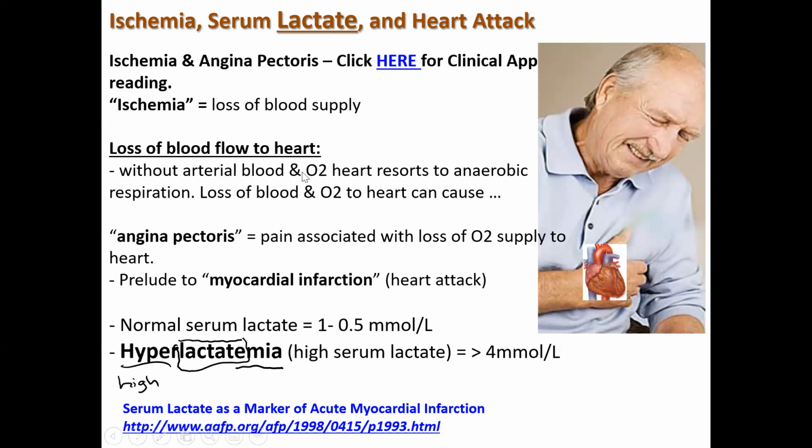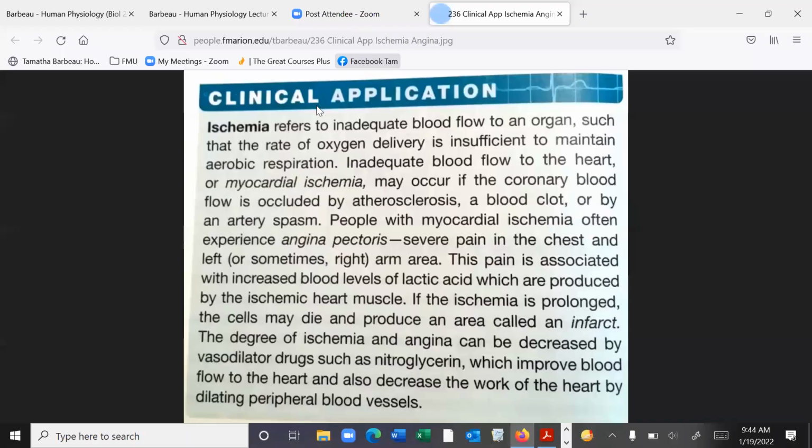Now, if you click here, when you're online looking at this PDF, but I'll pull up right here, ischemia refers to inadequate blood flow to any organ. Inadequate blood flow to the heart, or myocardial ischemia, can occur if a coronary artery is blocked. People with myocardial ischemia often experience angina pectoris, pain in the chest and left arm, but not all people having a heart attack feel that.